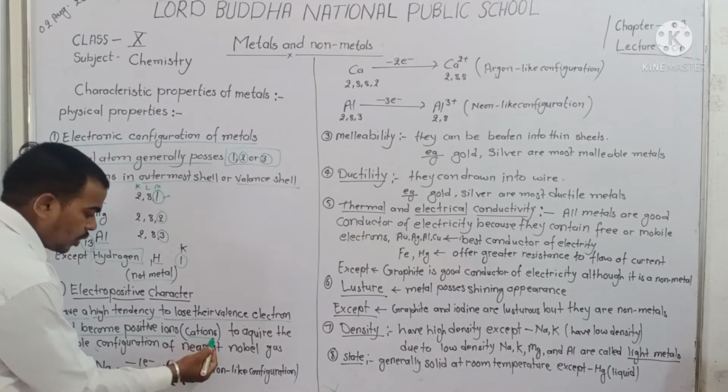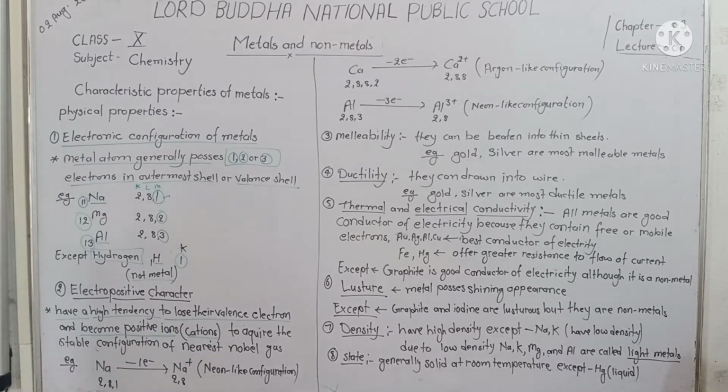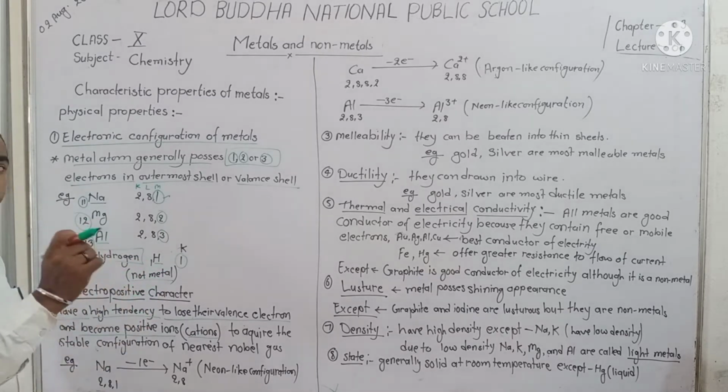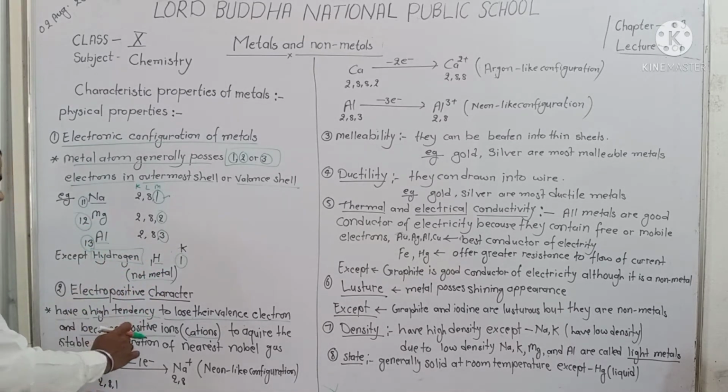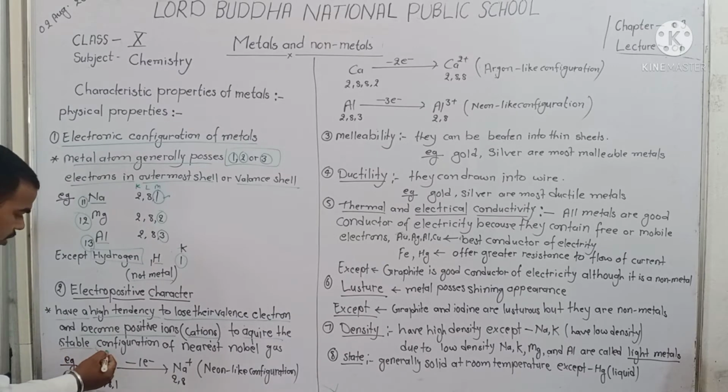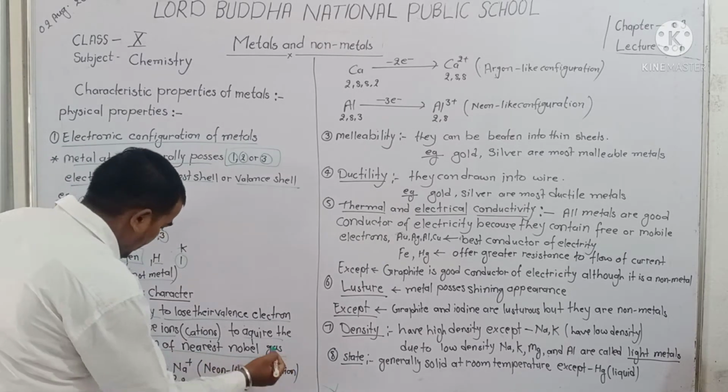The positive ion is also known as a cation. Yes, student, metals tend to lose their valence electrons, that means outer cell electrons, and become positive ions, that is cations, to acquire the stable configuration of the nearest noble gas.